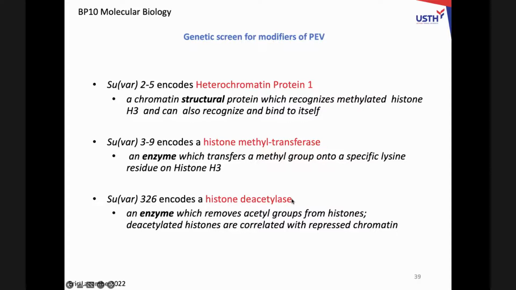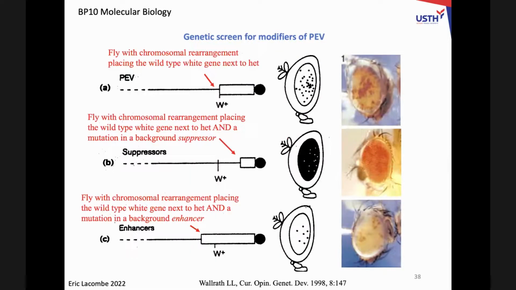Is it okay? Do you understand the idea of the strategy at least? I completely understand. I have one question on the previous slide. This one? Yes, I'm a little confused about the writing on the slide. Why does it say wild type white gene, even though it supposedly gives the fly red eyes?